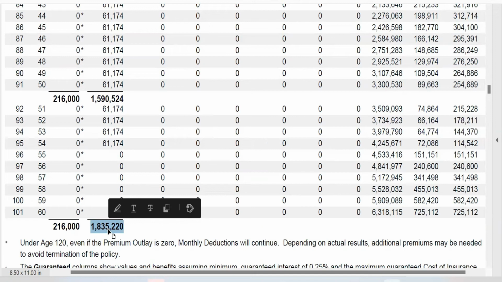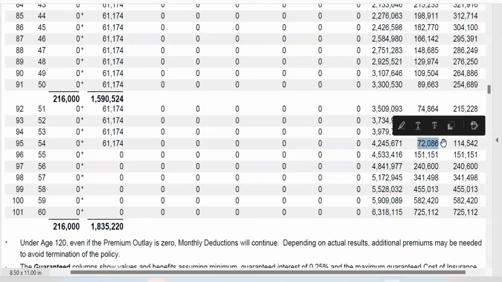Because of the compound effect in this account, he's able to pull out 1.8 million. And yet, you see that at age 95, when he stops pulling out the money, should anything happen after taking 1.8 million, the family still goes home with $114,000.